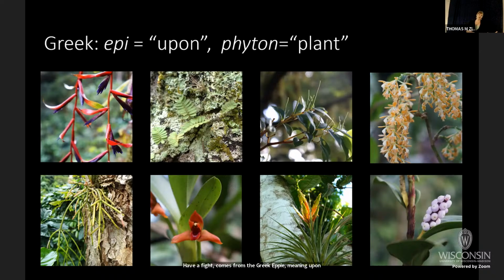These are plants that grow on other plants, in this case on trees. So these are plants that are not rooted in the ground. They're actually growing on the branches or on the trunk of trees, and they get all of their nutrients from decomposition that happens in the canopy and from rainfall coming down the tree.